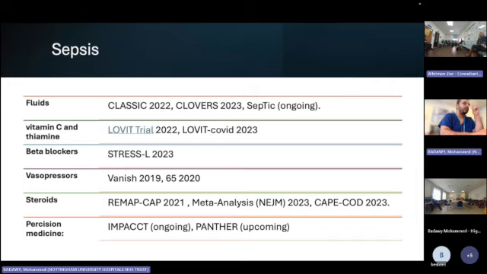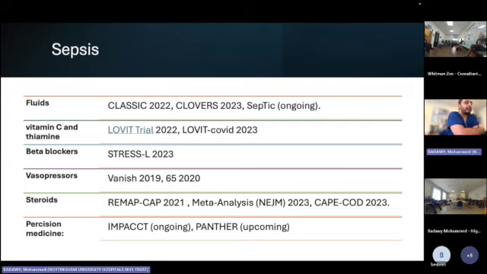What type of fluid, how much fluid should we give? This is the classic CLOVERS and septic trial, which is ongoing at the moment. Whether vitamin C and thiamine is helpful in sepsis, and this is the LOVIT trial in 2022 and LOVIT COVID in 2023. The role of beta blockers in septic patients, STRESS-L, published in 2023.